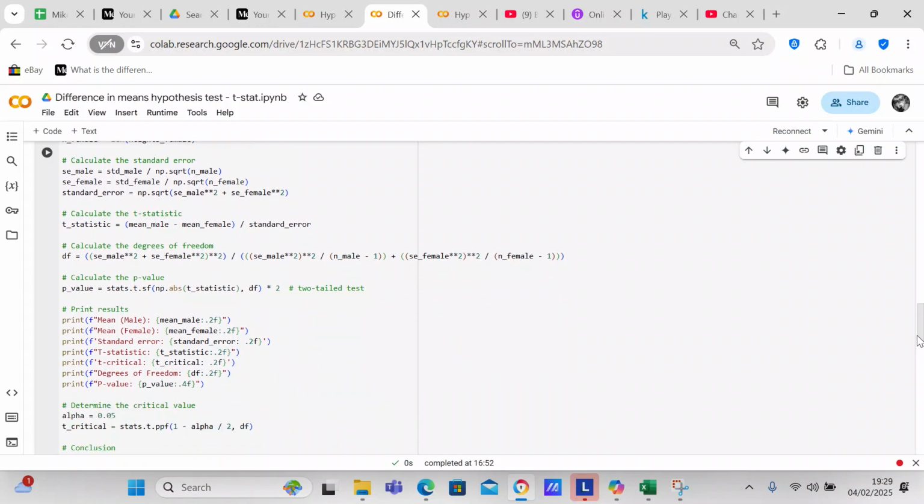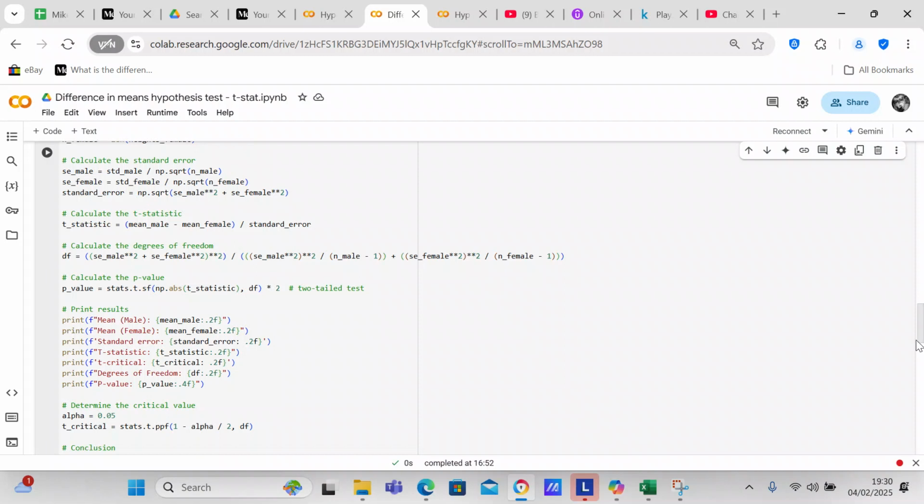Now what we do is we calculate the standard error. se_male equals std_male divided by np.sqrt(n_male). se_female equals std_female divided by np.sqrt(n_female). And standard error equals np.sqrt of se_male squared plus se_female squared.